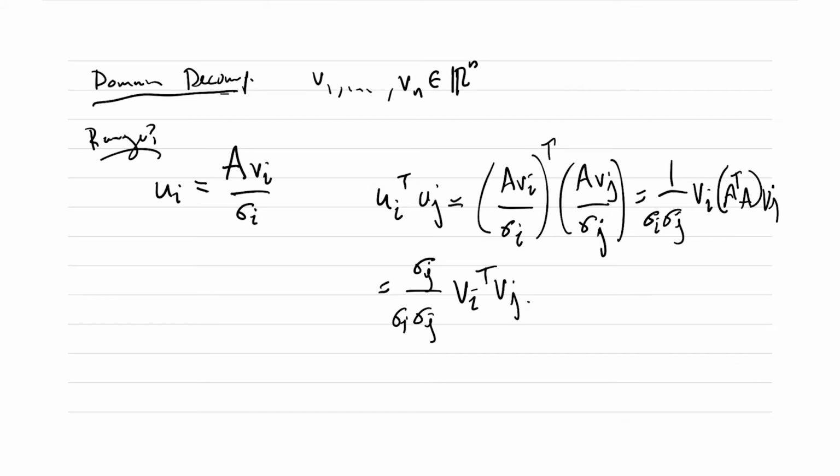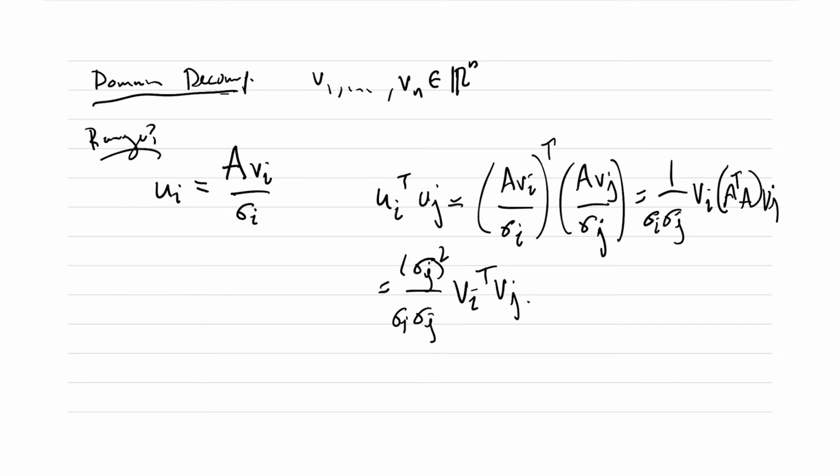Since we know that the v's form an orthonormal basis, that should be squared here. Good thing I left it there for clarity.